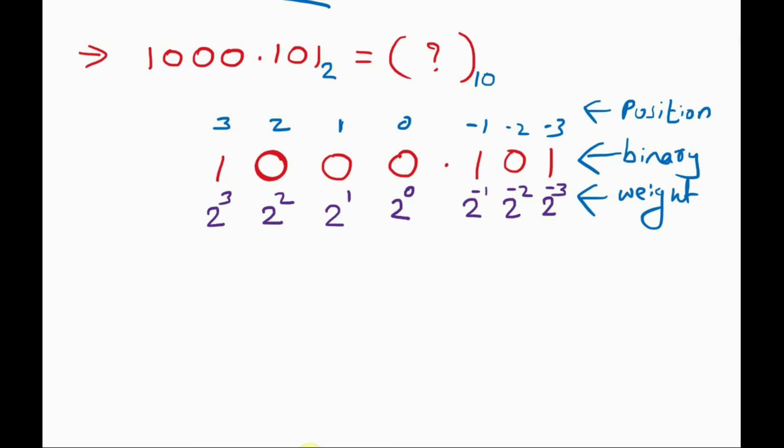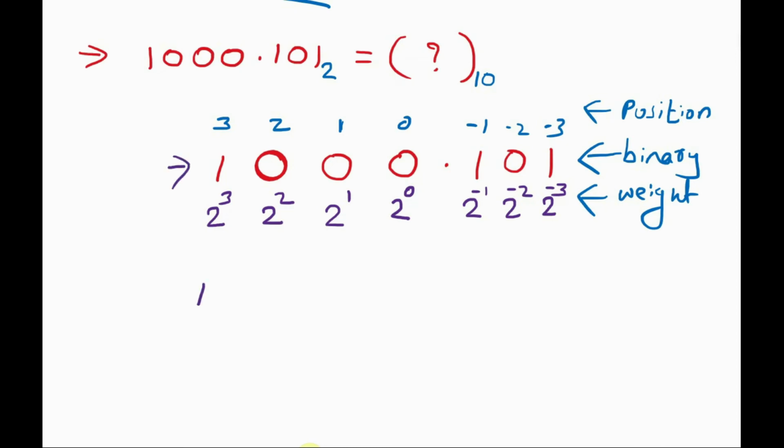I also told you that we don't want to multiply where there is 0, because 0 into weight is always 0. So just multiply the ones with their corresponding weights. We start from the left side.